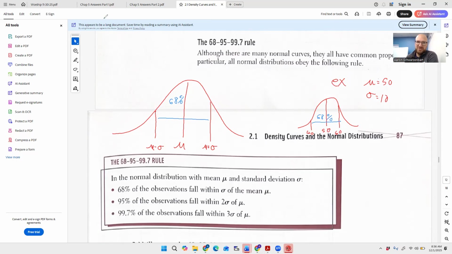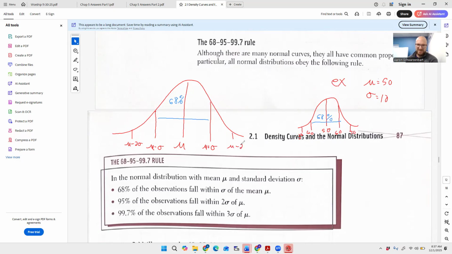What would be two standard deviations off? 95%, but what would the numbers be? 30 and 70. Does that make sense how I'm getting the numbers?